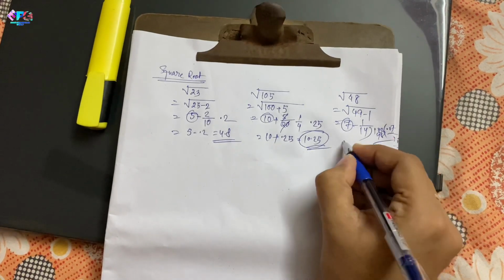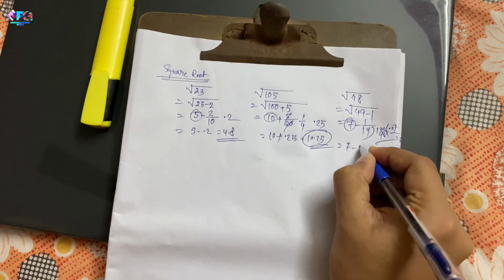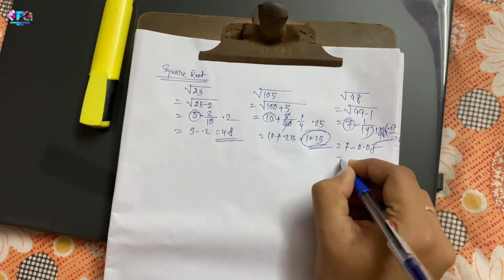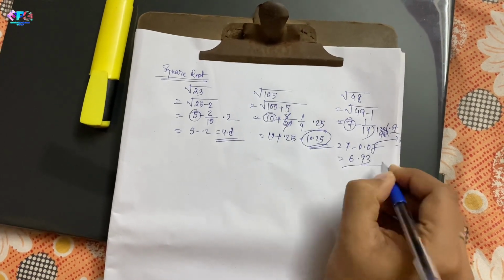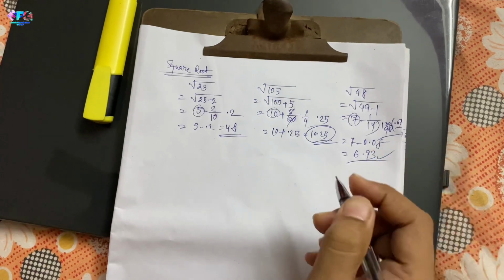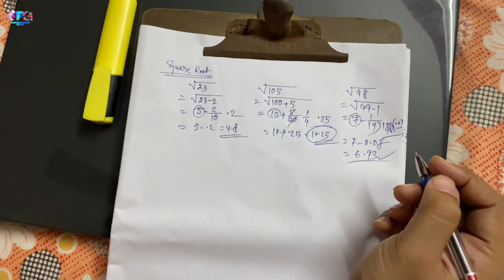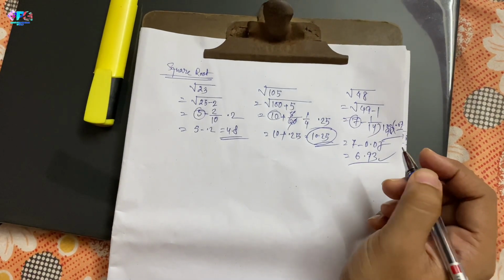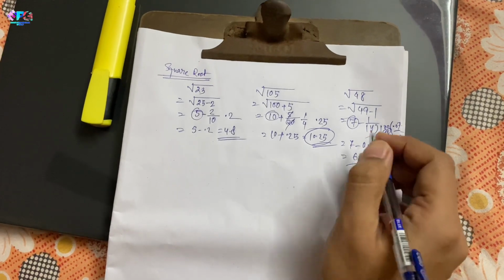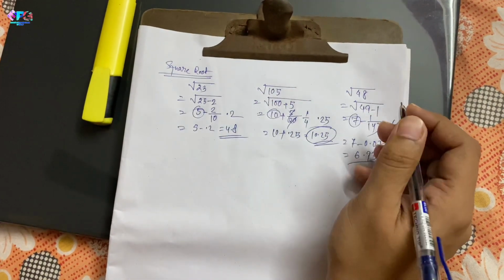So 0.07, right? 7 minus 0.07, that is 6.93, right? You can also check in the calculator, it would be the same value. Okay, very simple, right? Within a few seconds you can calculate the square root of double and triple digit numbers.